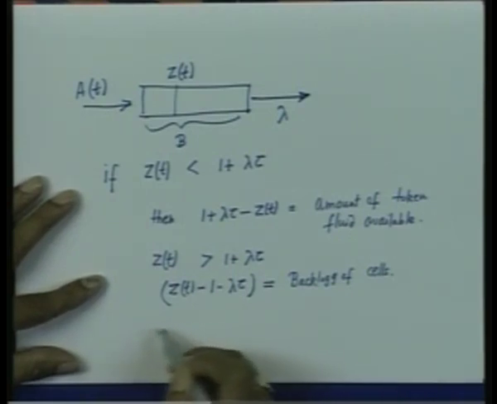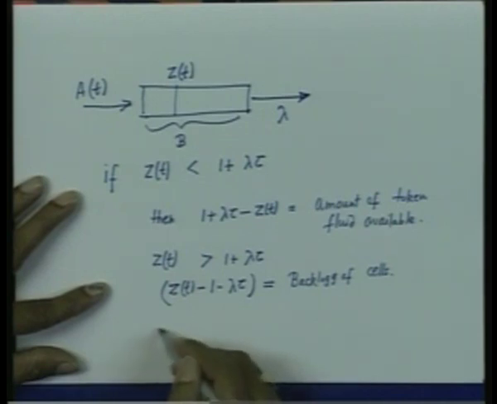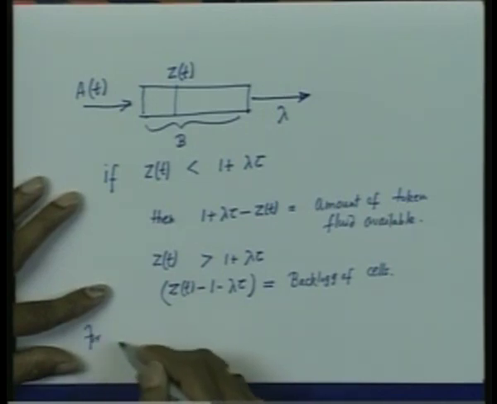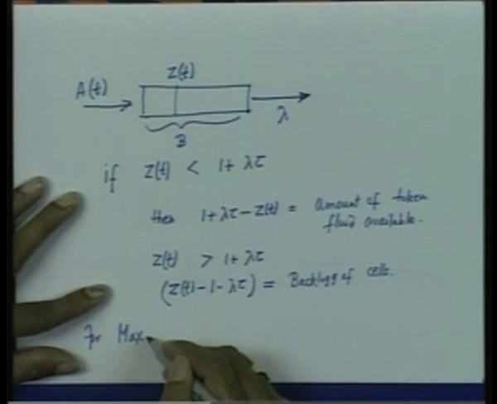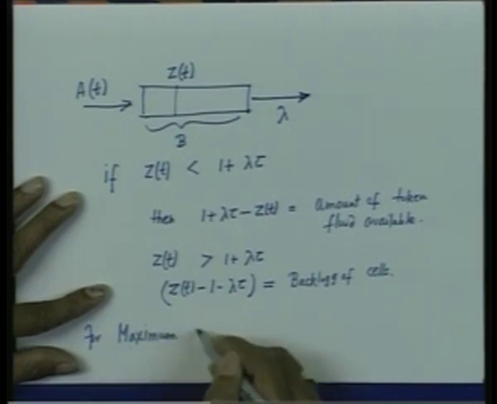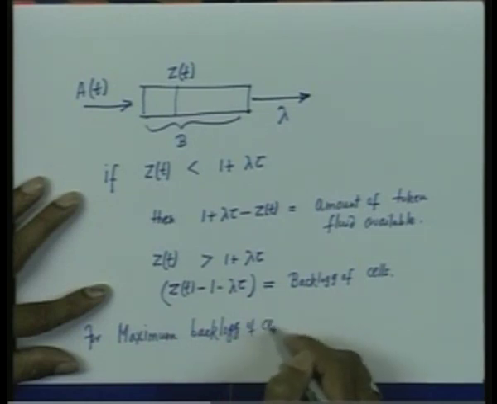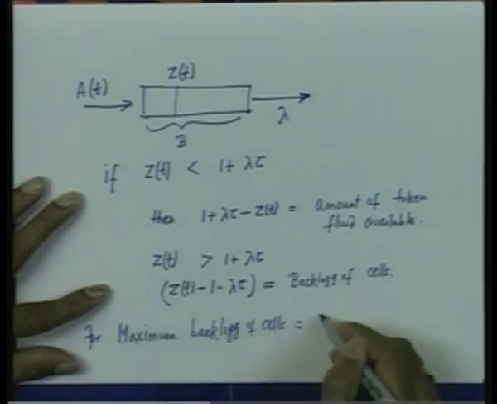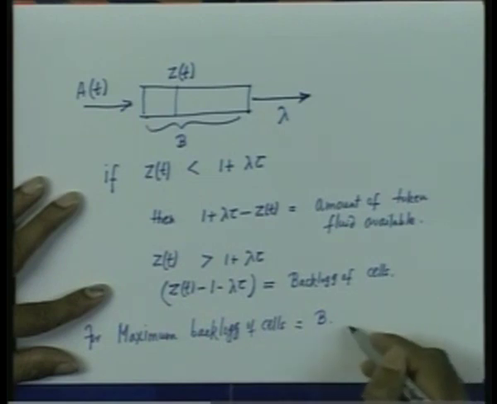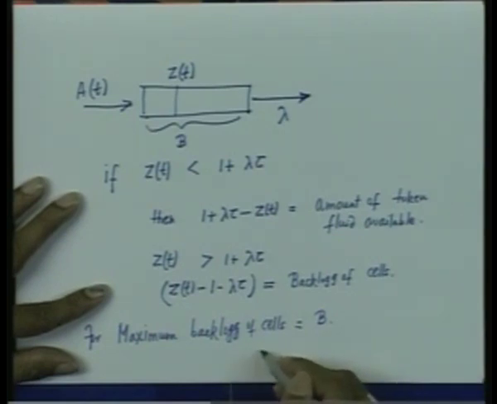So, for the maximum backlog of cells to be equal to b, let us say that zt has a value of z.